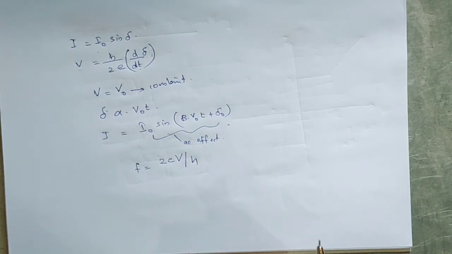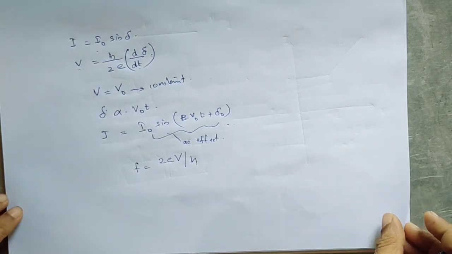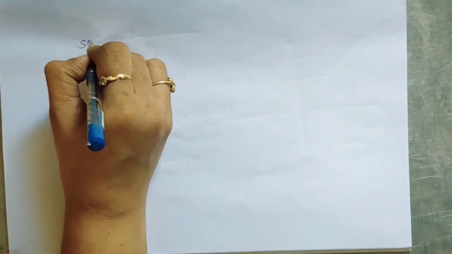Now we are going to understand SQUID, that is macroscopic quantum interference. I will draw the arrangement, which is known as the superconducting quantum interference device, that is SQUID.